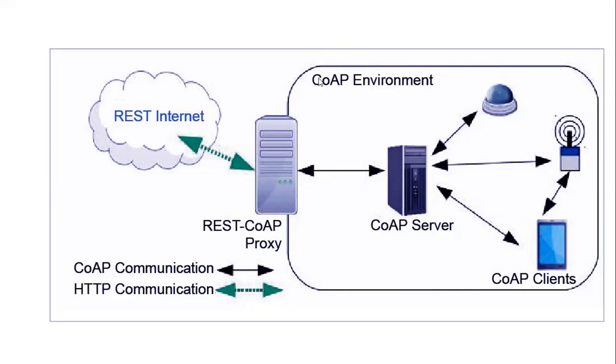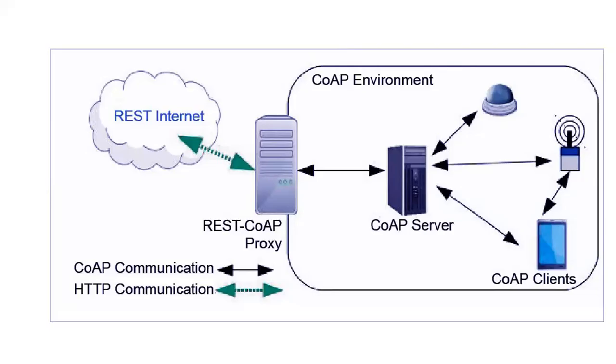communication protocol. So here you can see how the data is transmitted from client to server and then from server to REST and CoAP proxy and then to the REST internet network.